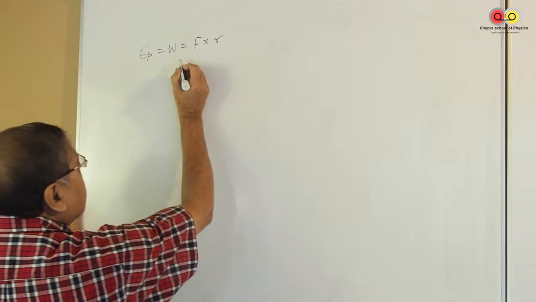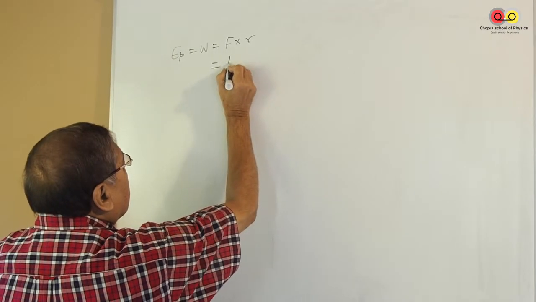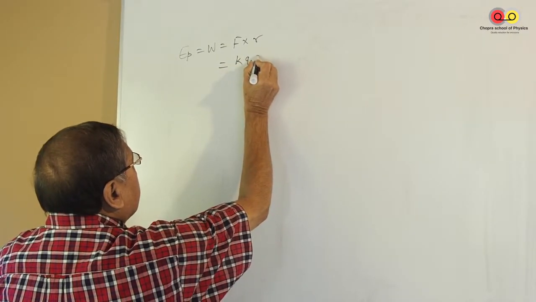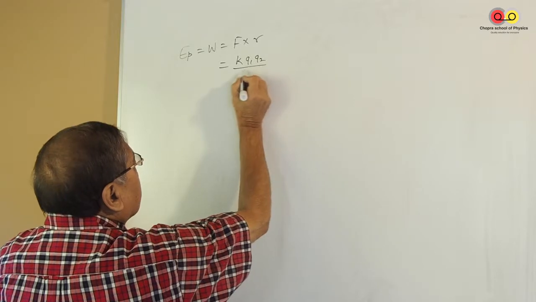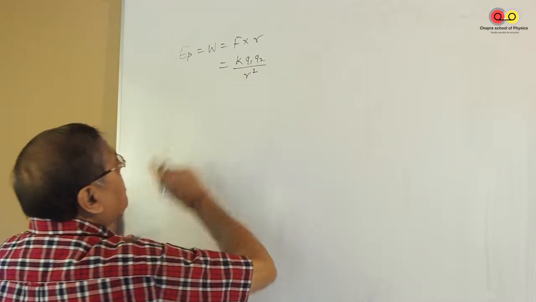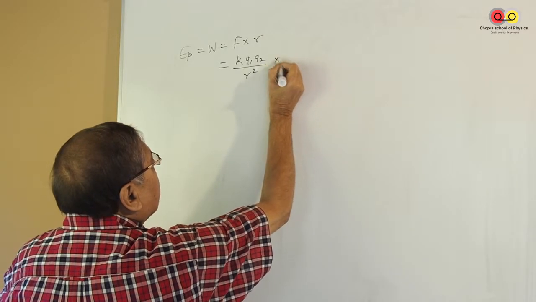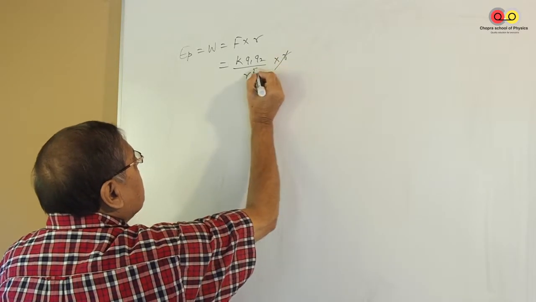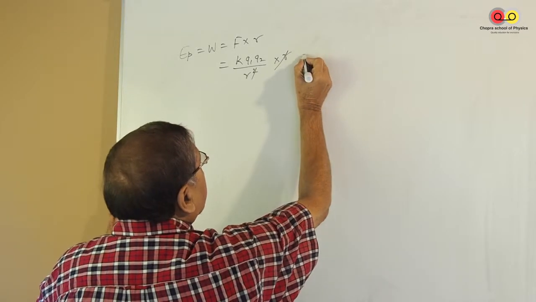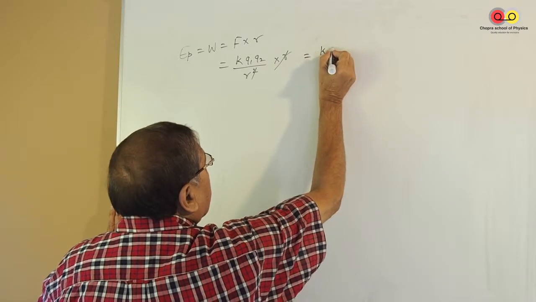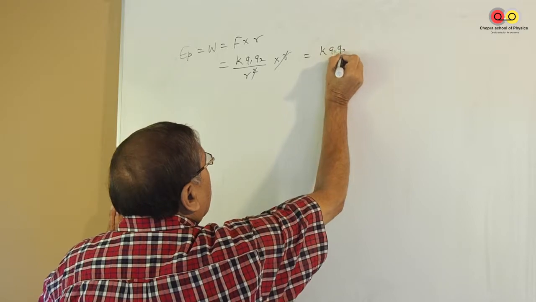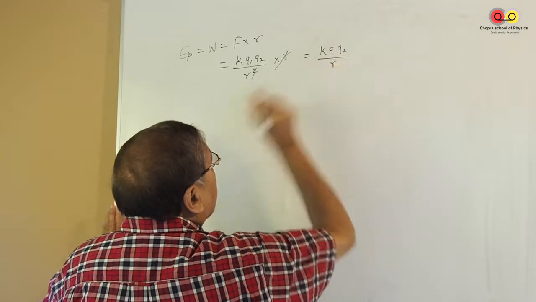Now, we can write this formula as K Q1 Q2 divided by R square. This is the formula of Coulomb's law, multiplied by R. R cancels off and the formula will become K Q1 Q2 divided by R.